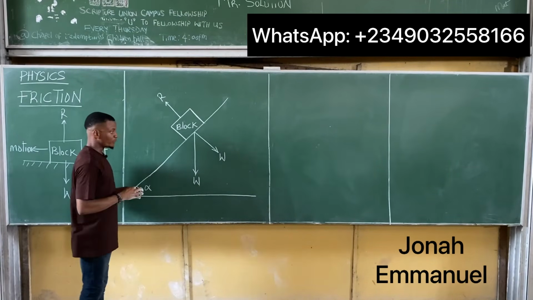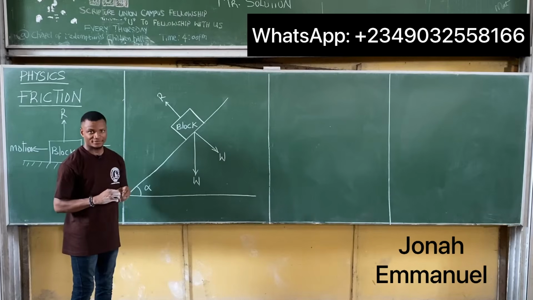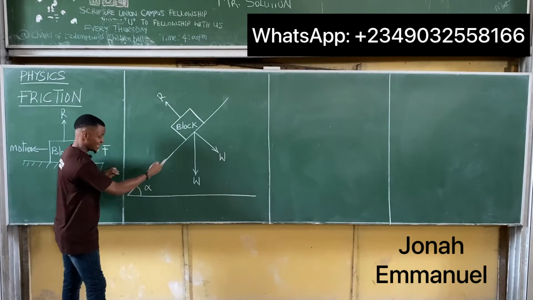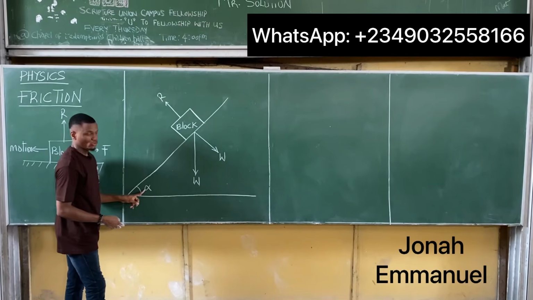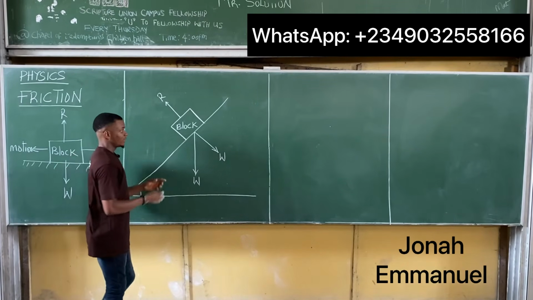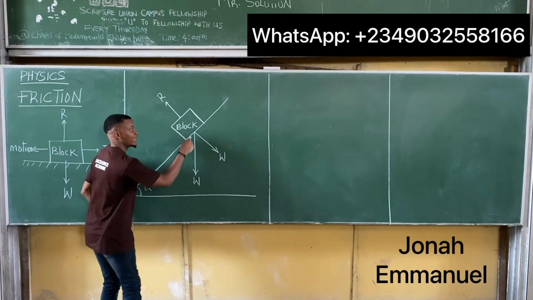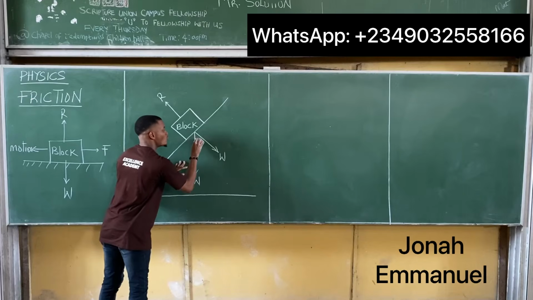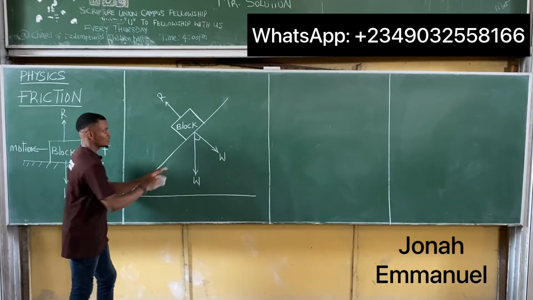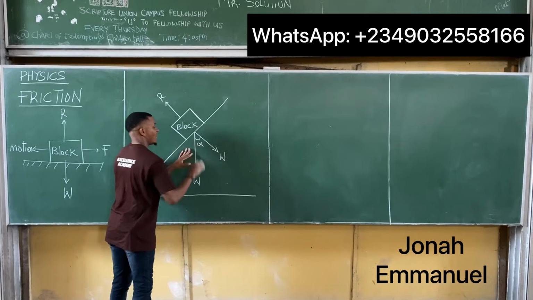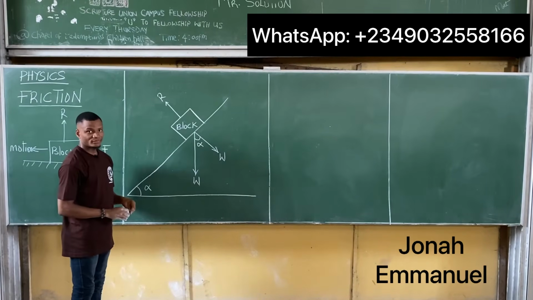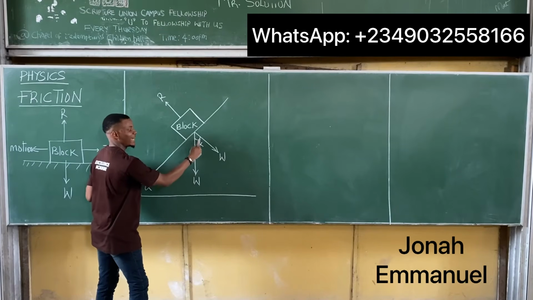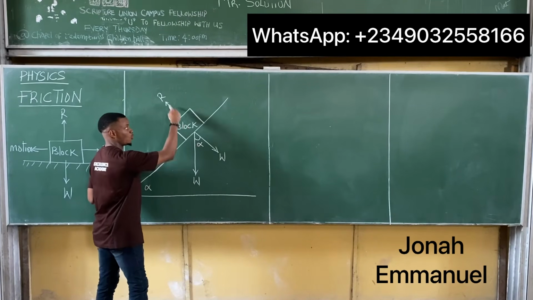If that is so, we'll have to do a little bit of analysis. And by analysis, we have this. If a body is inclined at an angle alpha to an inclined plane, the angle between the hypothetical weight, this one here, and the real weight, this angle here, will be the same as this angle here. So here, it still becomes alpha. Hence, we can see that the weight is inclined at an angle alpha to the vertical.